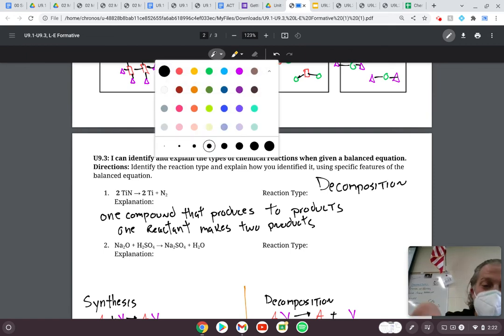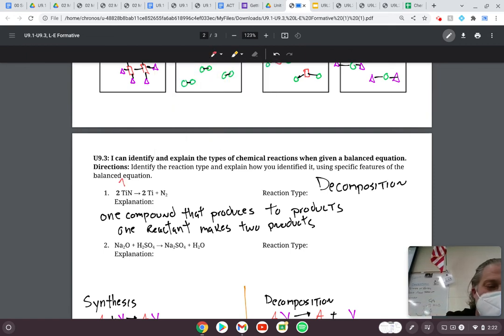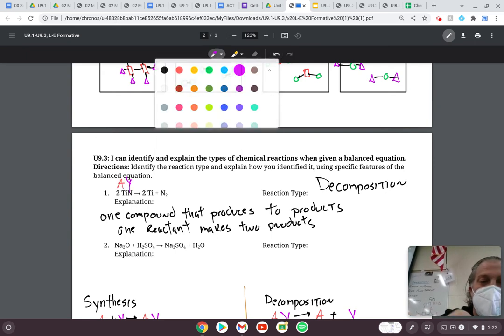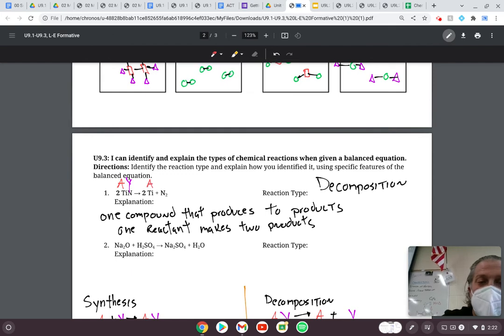So another thing that you could have remembered was that you had like this AY breaks down to form A plus Y, right? That's another thing that you could have utilized. So there's that. Next one, explanation.